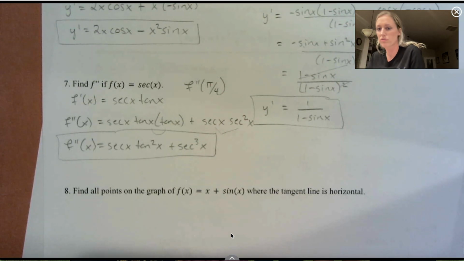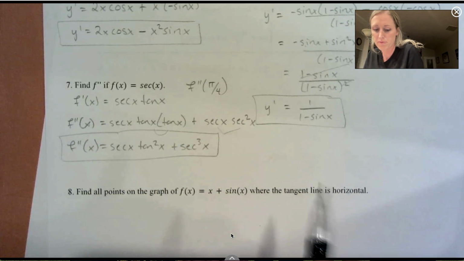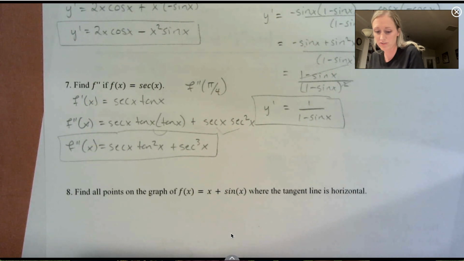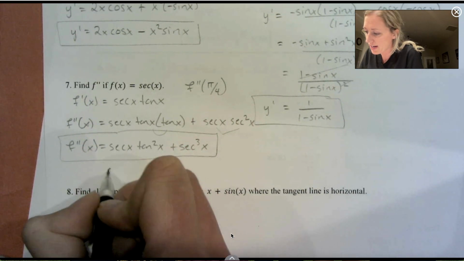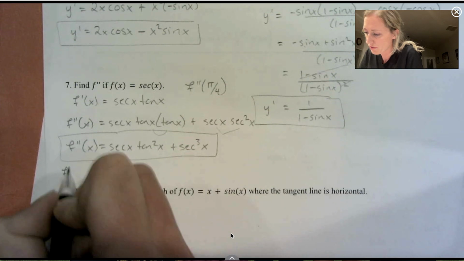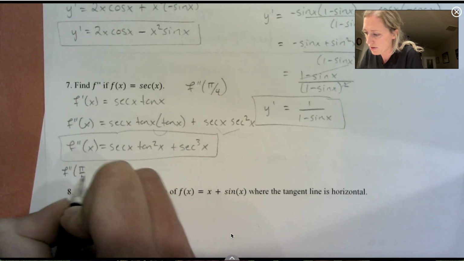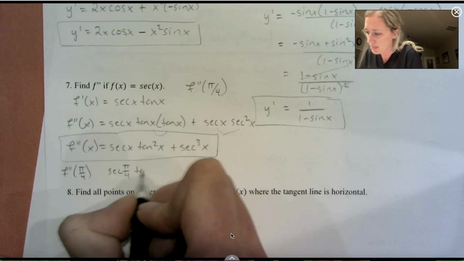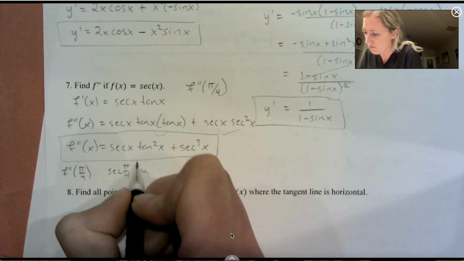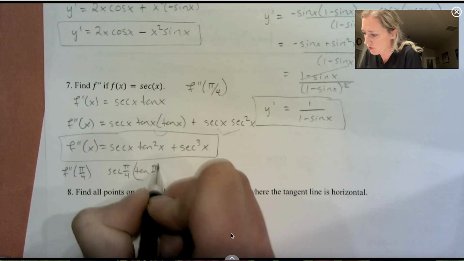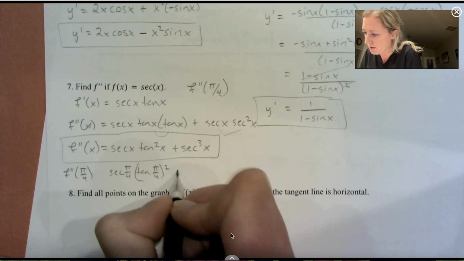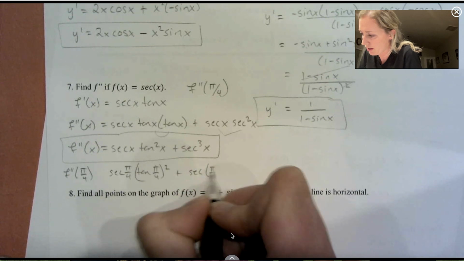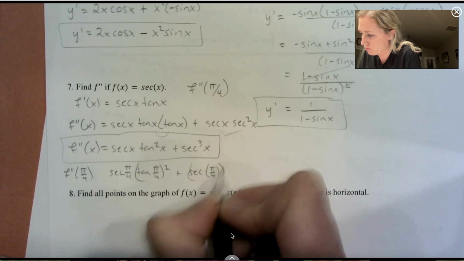So if I did this one, for example, f double prime of pi over 4, now I just substitute pi over 4 in for all those x's. So if I were to find, we'll go ahead and do that as an example. Okay, so secant of pi over 4 times tangent of pi over 4 squared plus secant of pi over 4 cubed.